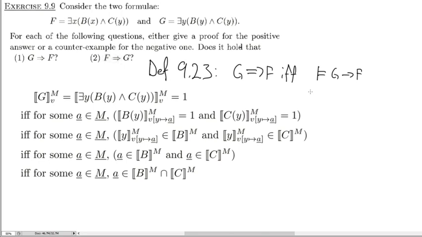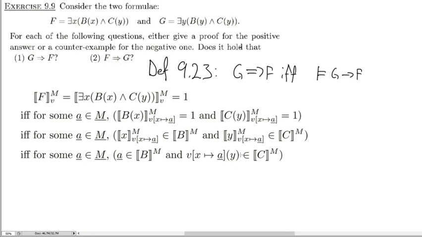Now for g to be true, again, the B part and the C part have to be true, so this is the same. And again, for B to be true, this y under M and V has to be in B, and this y under structure M and V has to be in C. This is true if for some a, that a is in B and that a is in C. Notice that this is different from last time.